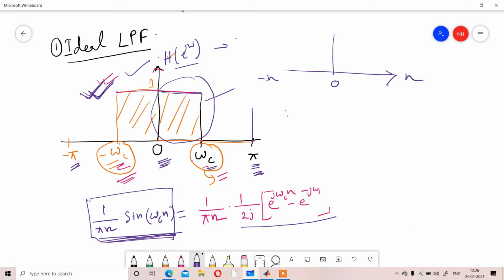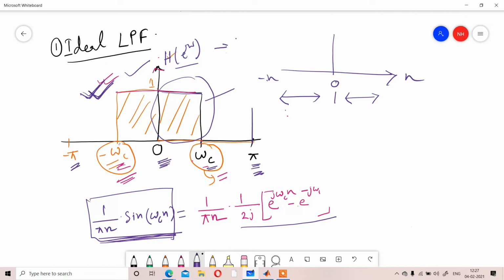If the output of the system lies between 0 and positive, then the system is causal. If the system output lies between 0 and negative, within that range, then the system is anti-causal. And if the system has values in both the positive and negative range, then the system is called non-causal.